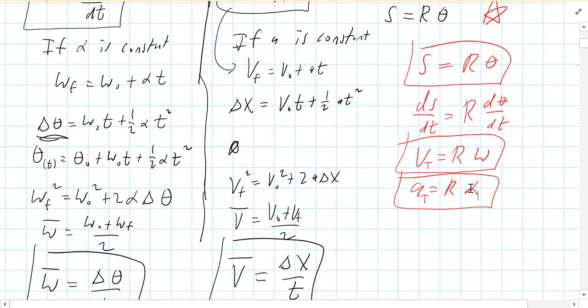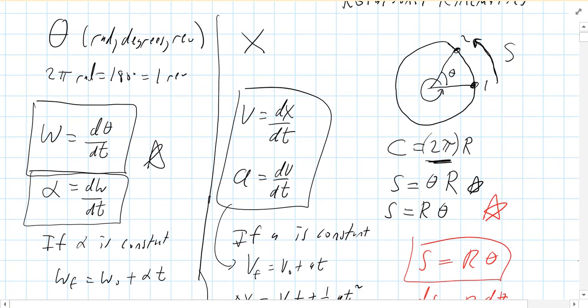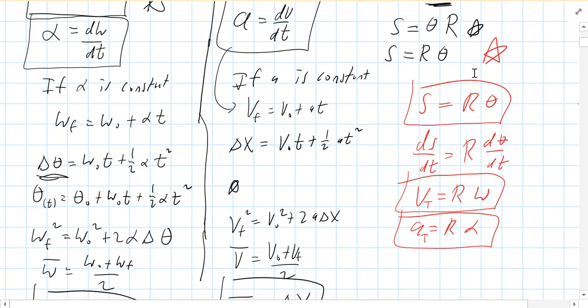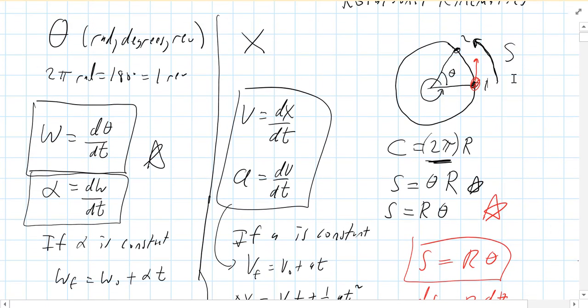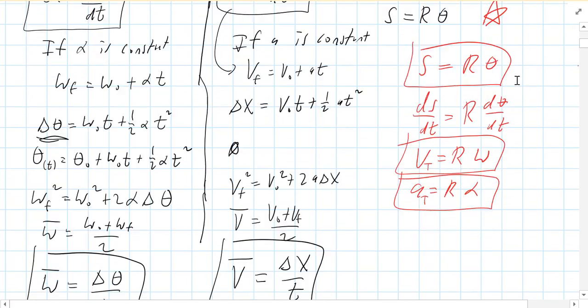So for tangential velocity, if you were moving right there, let's say, and you're moving this way, what would your speedometer say? How many meters per second would it say? And then the tangential acceleration is simply how fast you're speeding up or slowing down as you travel in that circle.